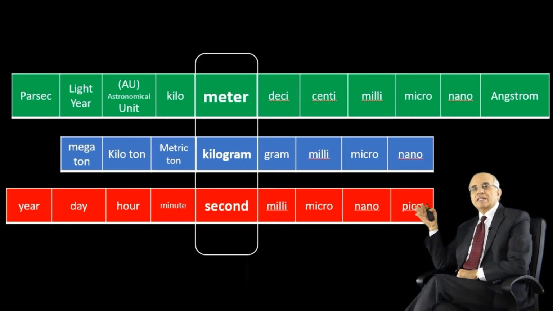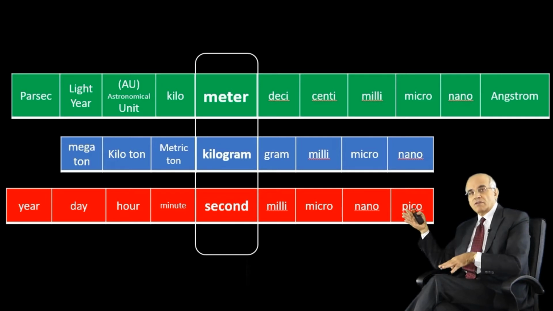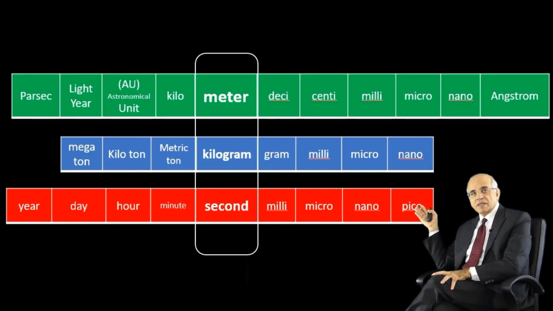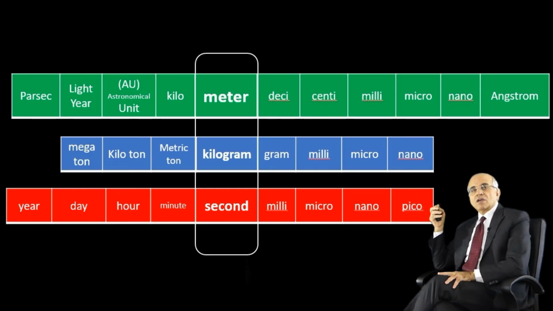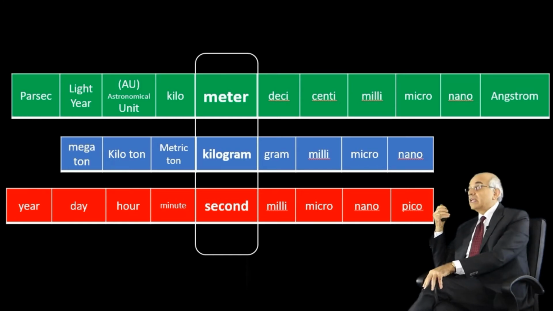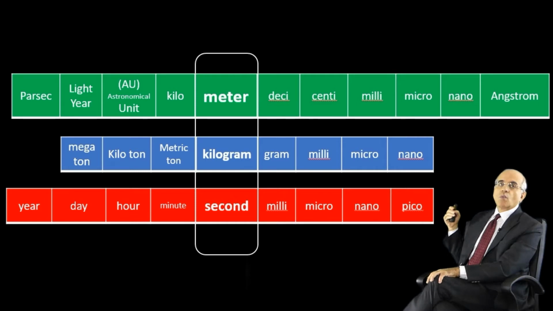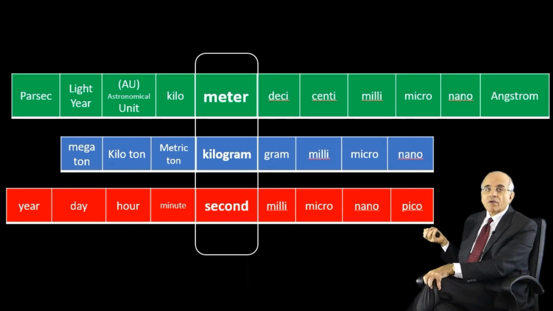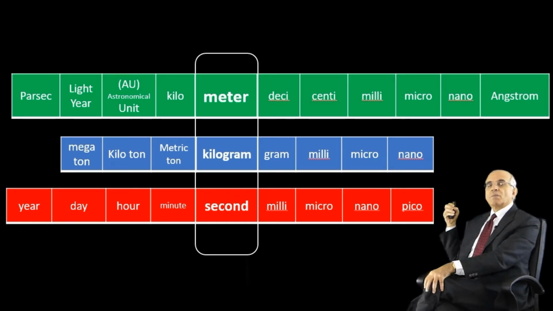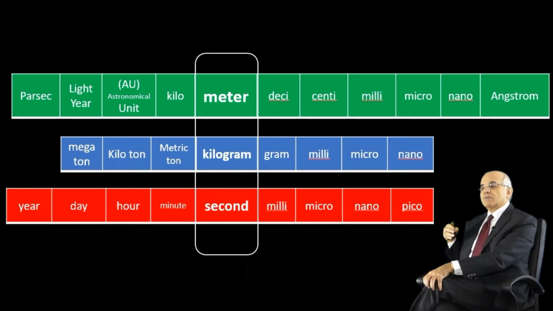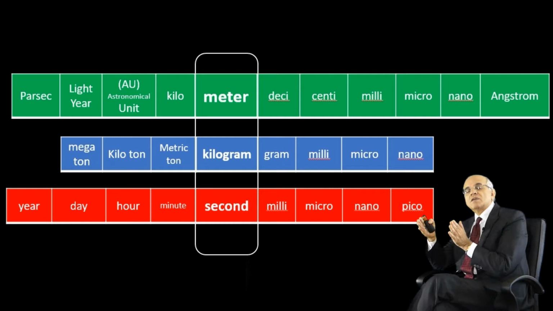All right, well, how about mass? Kilograms. What's less than a kilo? A kilogram is made of 1,000 grams, and each gram is made of 1,000 milligrams, and each milligram is made of 1,000 micrograms, and each microgram is made of 1,000 picograms. So these are the parts of mass that are smaller than a kilogram.